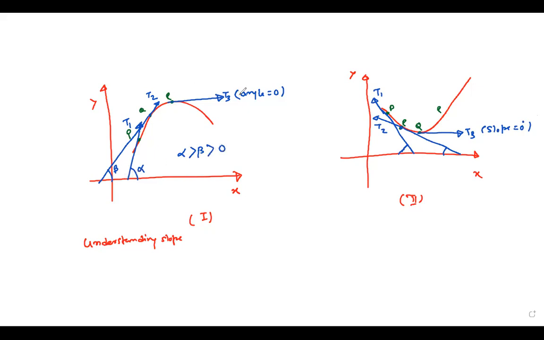So for this particular curve, slope is decreasing as we move closer to the maximum. Okay, clear? Any doubt?